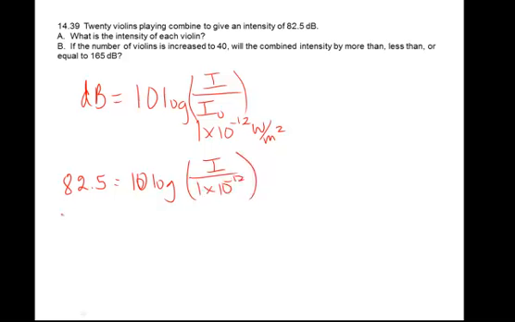So the first thing I'm going to do is divide by 10. And then the next thing to do is do the inverse log. And the inverse log is 10 to the x.